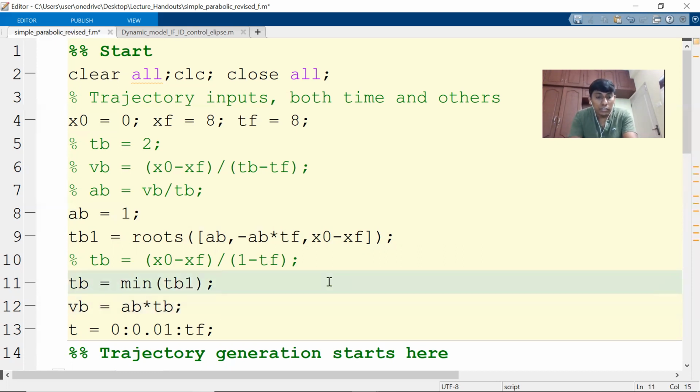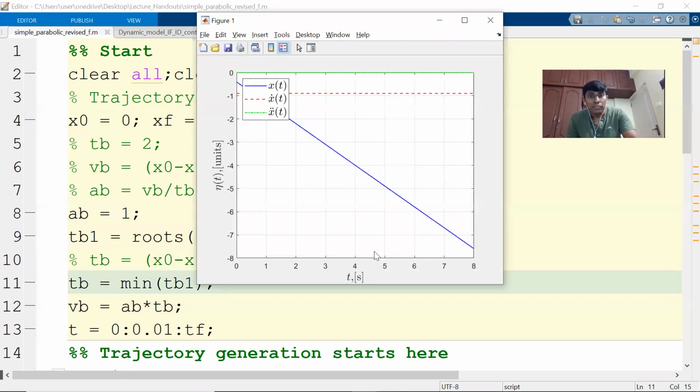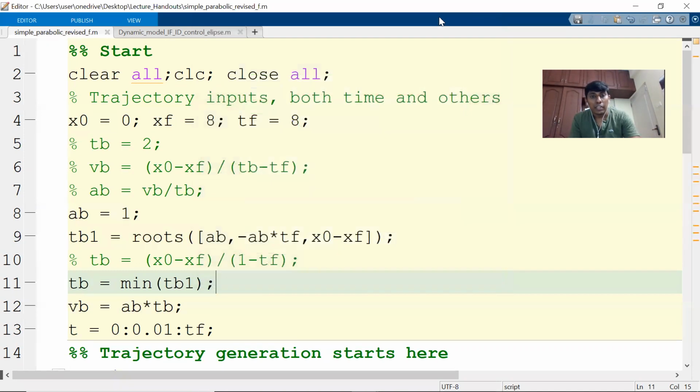So I'll just assume that, I hope you can see, right? So now the roots are slightly different. So that's why I was suggesting, better choose TB and then do it. That is the easiest one rather than doing it this way. Okay. So I hope that is clear.